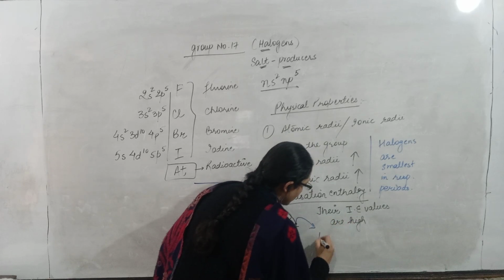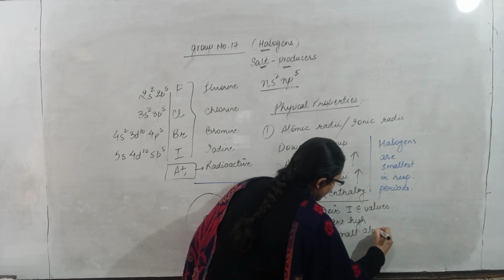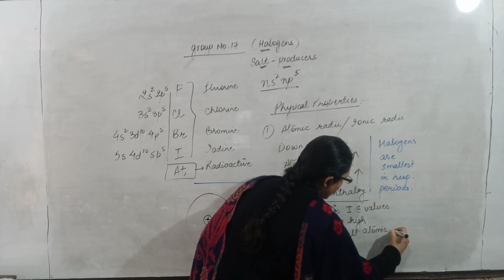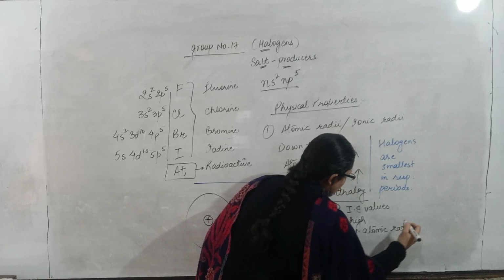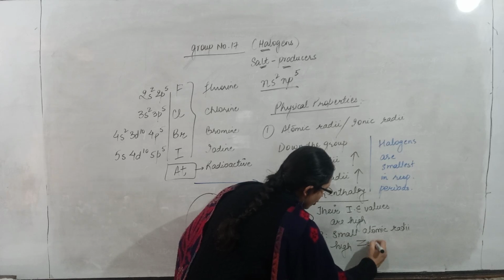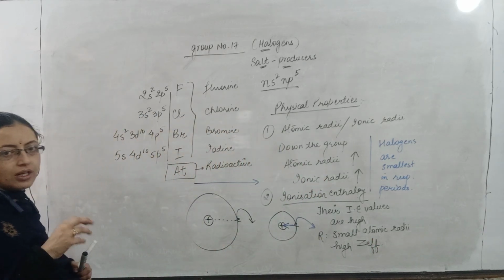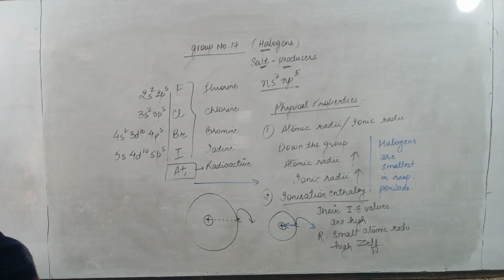And what is the reason? Small size of their atoms, small atomic radii and high effective nuclear charge. Because of the small size, the nuclear charge acting on the outermost electron will be very high.